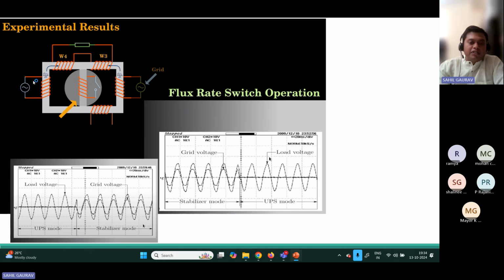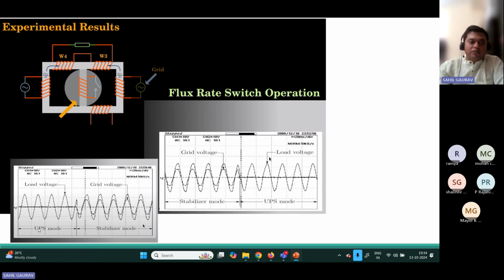This voltage control source acts as a stabilizer, and this one is the grid voltage, and the top one is the load voltage. If you turn on this switch, then it will act as a UPS mode. Sorry, if you disconnect this grid, then this voltage control source will act as UPS mode. So only one voltage source will be present in this core, and then the load voltage is set by this source.